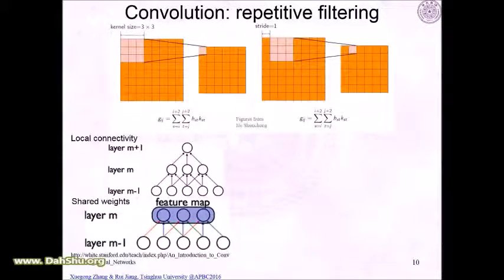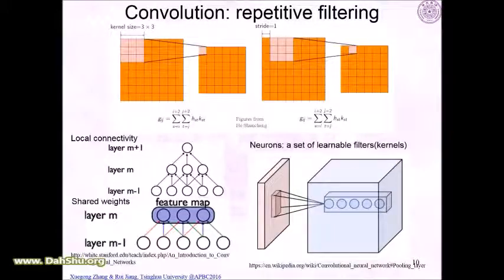In this way, we have local connectivity and also shared weights. We reduce the number of weights we need to learn. And to capture more properties of the original input, we typically introduce several different filters. So we call them several different neurons.